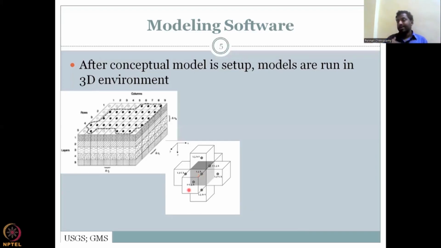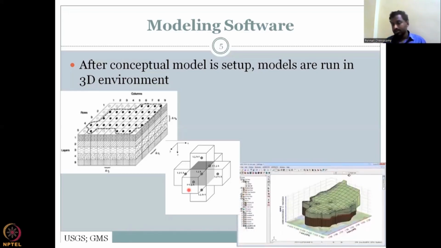And like this, it moves, and the movement is monitored by the modeling software. At the end, it gives you the net moving velocity, the net direction, and the volume change because of this movement.